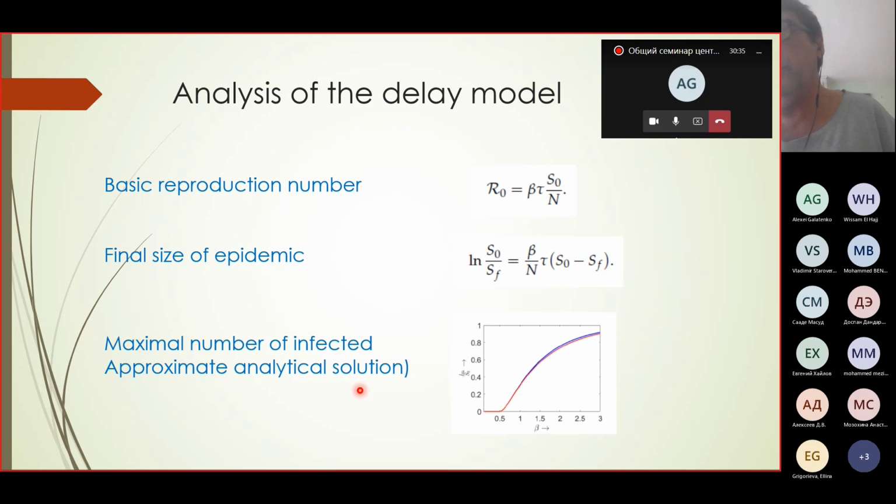I will not show the derivation, but the result is shown in this graph. One curve is the numerical solution of the full problem, and the other is the approximate analytical solution, and these two curves are very close. So though the solution is not exact, it gives a good approximation.